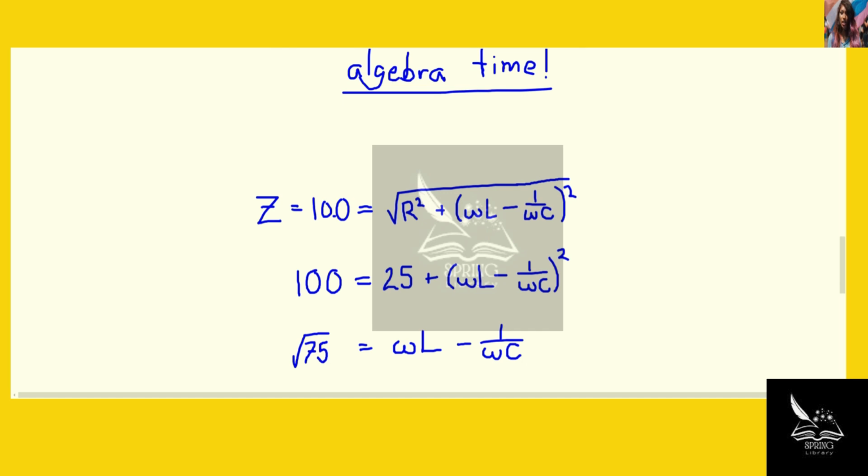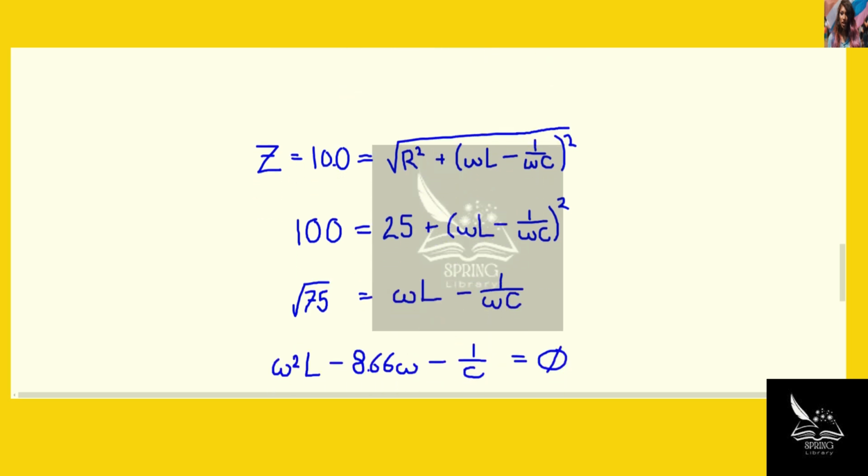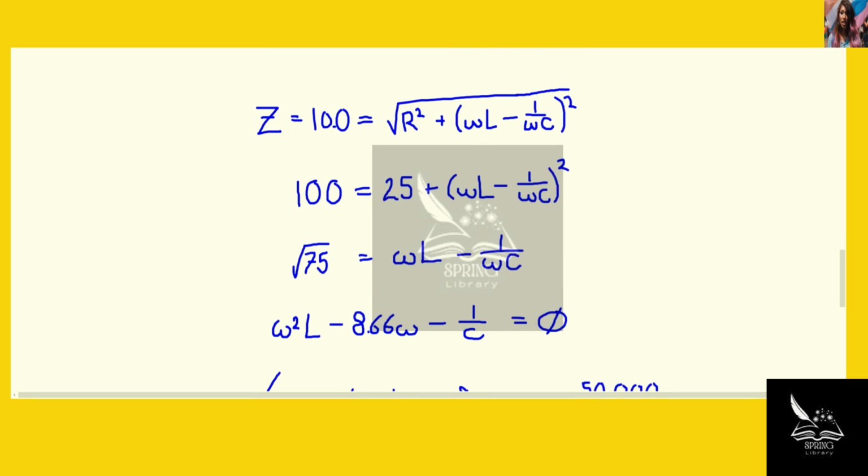So we're almost there to where we can do this as a quadratic. Next step, I'm going to shuffle things around so I can set one side of this equation equal to 0, basically by subtracting the square root of 75 from both sides, and then multiplying both sides by omega.